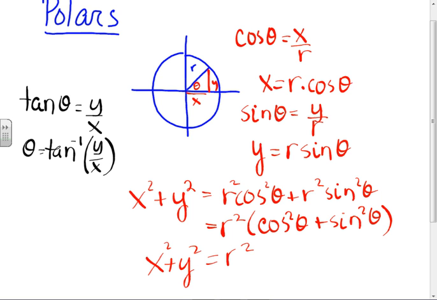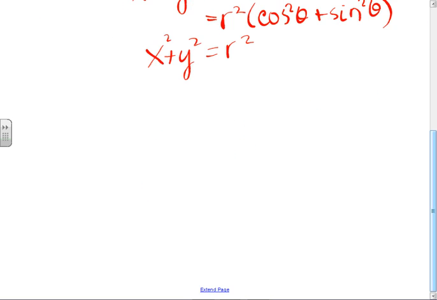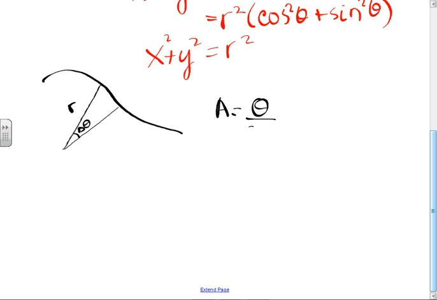And then the area of a sector, or of a polar region. So what I'm going to do is take this little sector, and this is the change in the angle. So that's delta theta. And if you remember, and this would be like a radius, that in a sector, the area is equal to theta out of 360.